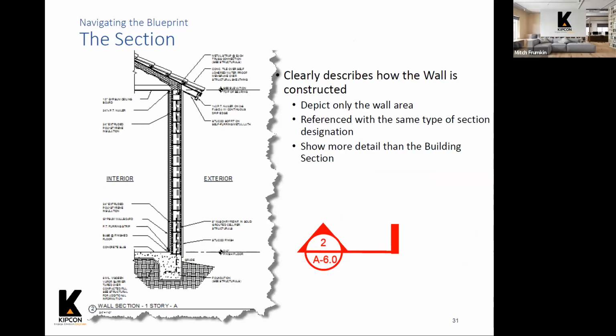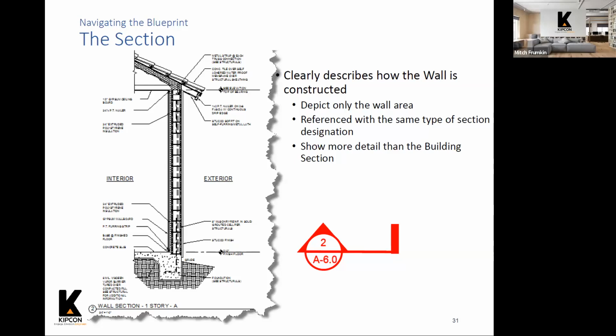You will usually find wall sections in an architectural set. And again, in our progression of more and more detailed information, these individual wall sections will give us more information on how the entire wall assembly is constructed, from the foundation to the roof. Sometimes they're shown in separate sections, roof sections and foundation sections.